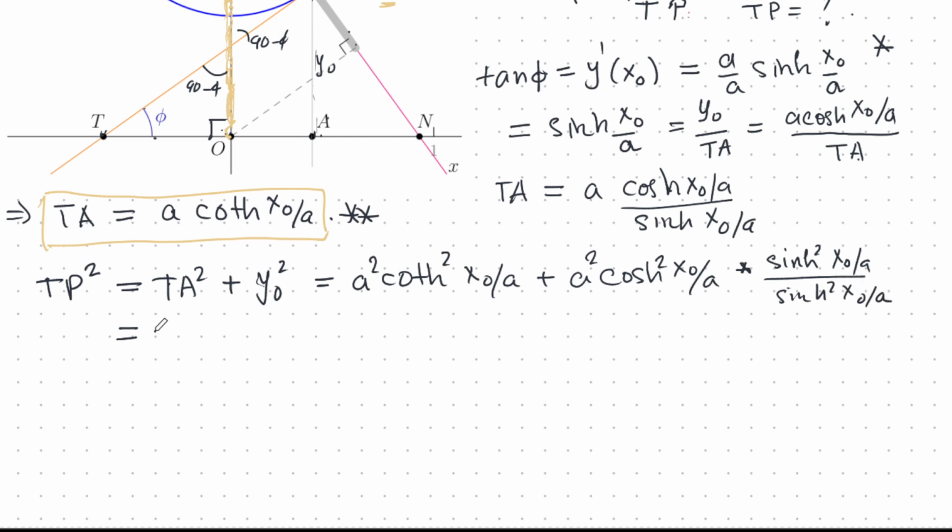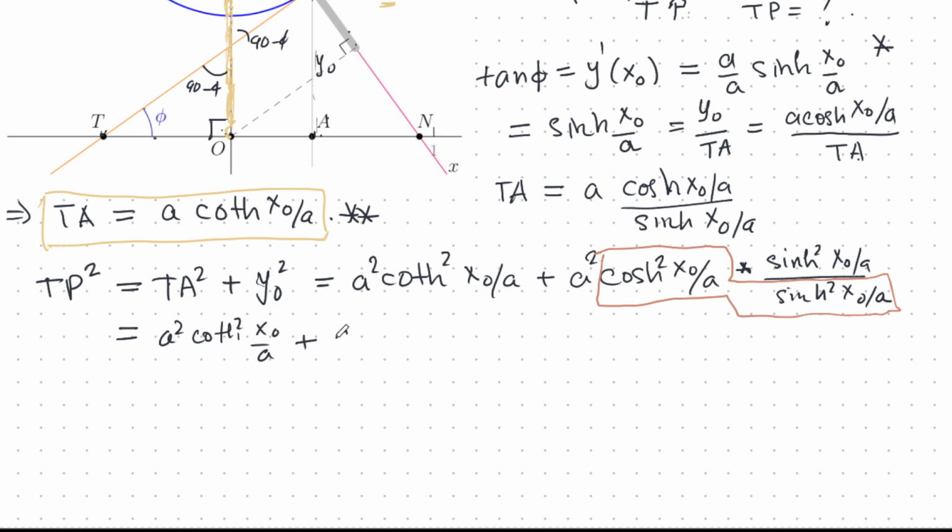If we do that, we get a squared coth squared of x0 over a plus, and this cosh squared and this sinh combine together to give me coth.